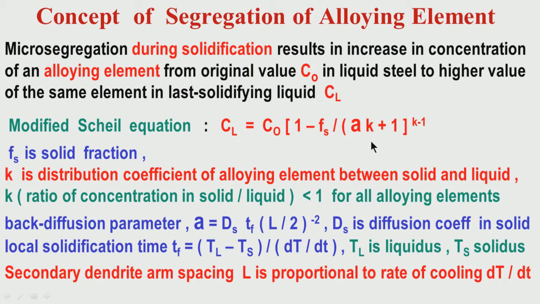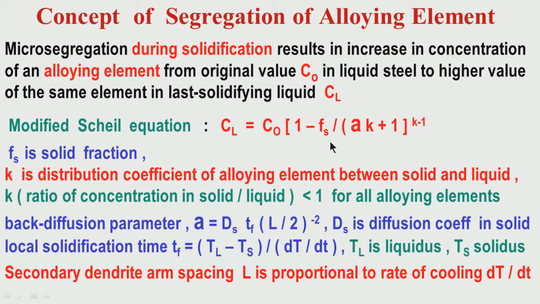Again, here this A is a back diffusion parameter, directly dependent on the diffusion coefficient Ds in the solid for a particular element. So, if A and Ds are low, then Cl is also relatively high.